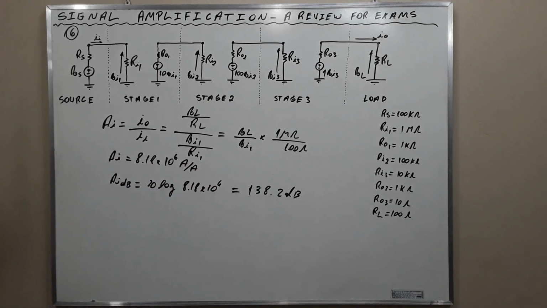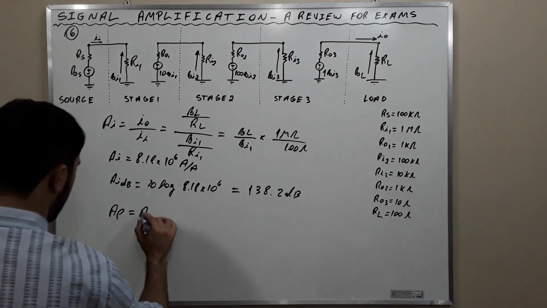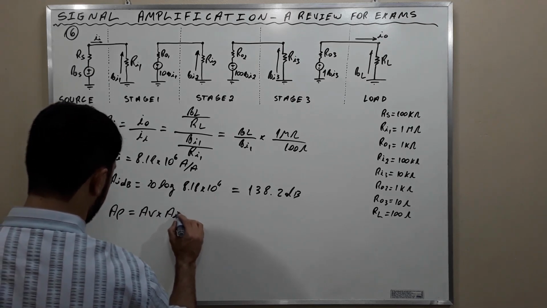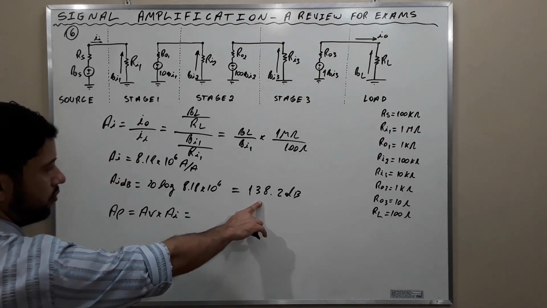Okay? This is the current gain. Lastly, we calculated the power gain by multiplying the voltage gain and the current gain. AP, the power gain, is equal to AV times AI. And this is equal to, we multiply this.